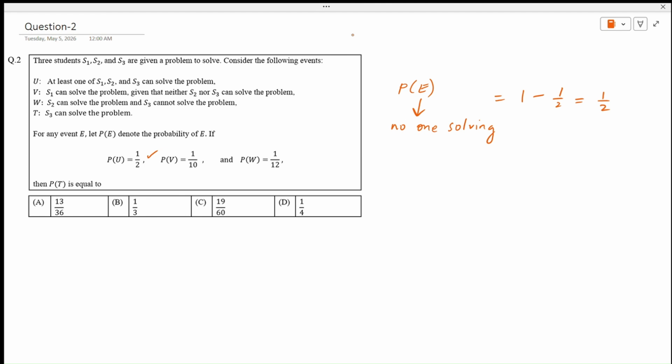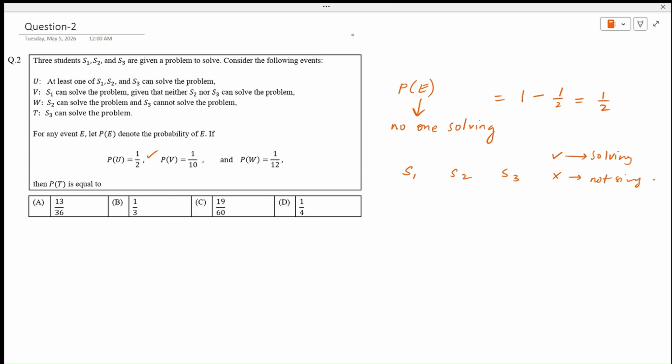Let us write down all the possible cases. S1, S2, and S3. The tick mark means solving the problem, and the cross means not solving the problem.